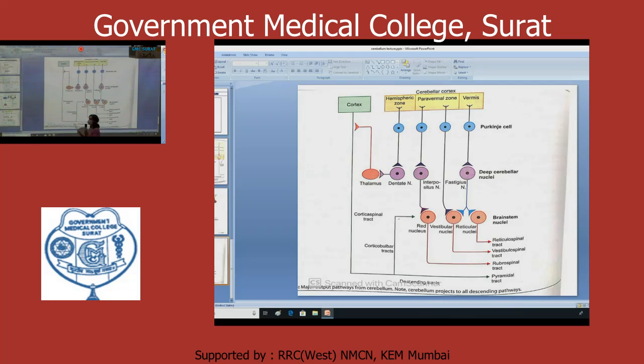Then the physiological or functional divisions of the cerebellum we have discussed. Then the internal architecture of the cerebellum we have discussed. And then the output and input tracts, how the input is received by the cerebellum and how the output is generated from the cerebellum and conveyed to the various parts of the brain. In the next class, we will discuss the cerebellar functions and the disorders of the cerebellum.